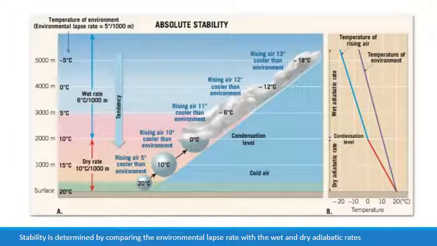So even if this stable air were forced above the lifting condensation level, it would remain cooler and denser than its environment and would have a tendency to return to the surface.